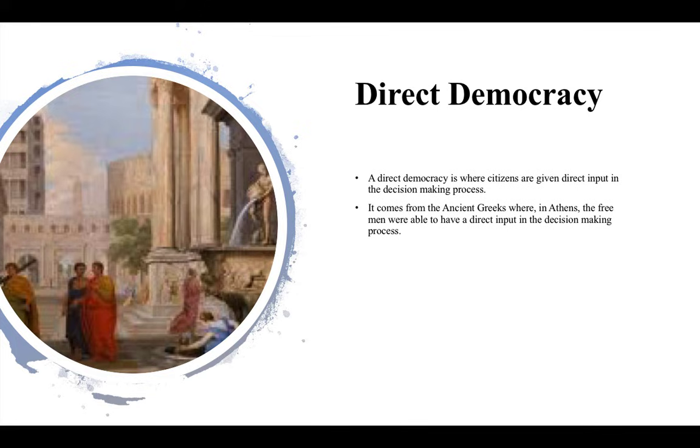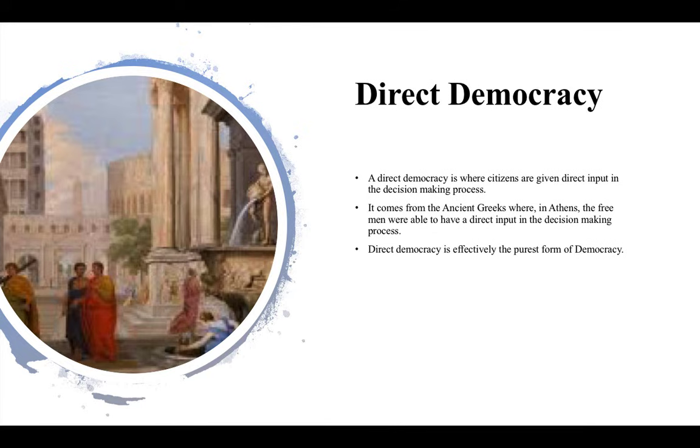A lot of people talk about Athens being a very democratic part of history, and where democracy originates from, whereas technically only free men were allowed to take part in politics, while slaves and women were not. However, it's where the idea of a direct democracy comes from, so it's generally seen as the purest form of democracy.